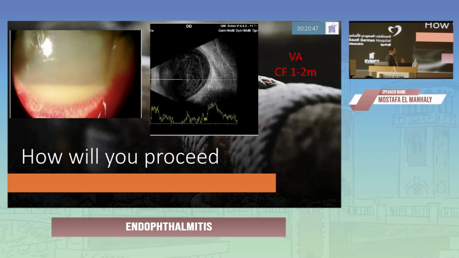So in the best case scenario, you will go directly to vitrectomy. With this case, well, it depends on the severity. Depending on the vision or which severity? In fact, vision almost always parallels the signs you see. For example, if you have this case and other cases, then we can differentiate.